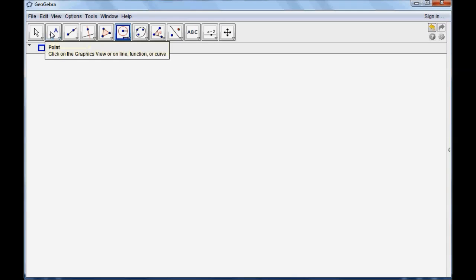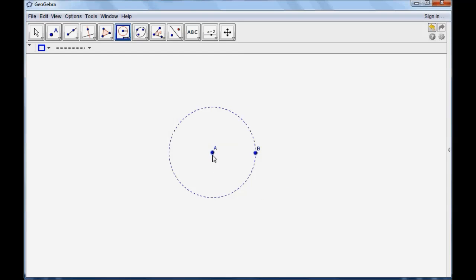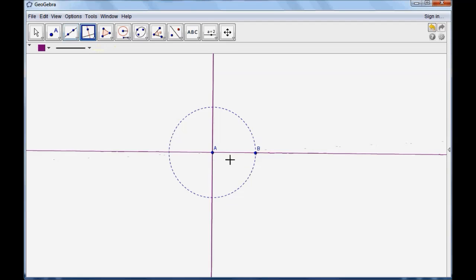Okay, let's draw a new circle. This is going to be used for angle congruence. So make A kind of small, and then let's draw a circle around it. Now we're going to draw a line that goes from A to B, and then a perpendicular line that goes through A. Of course, this is the modern definition for perpendicular.